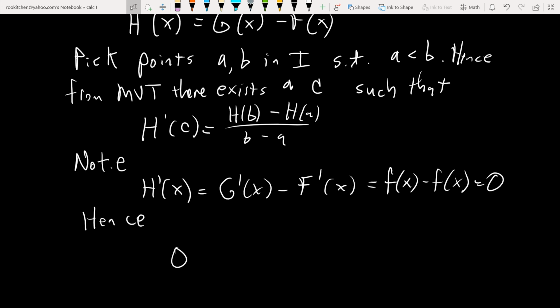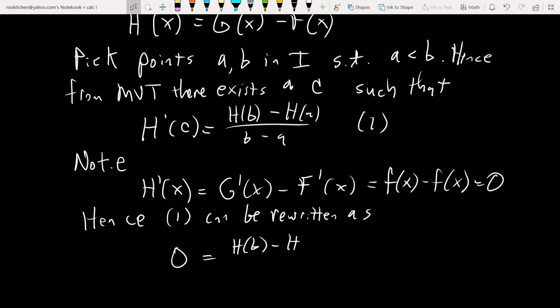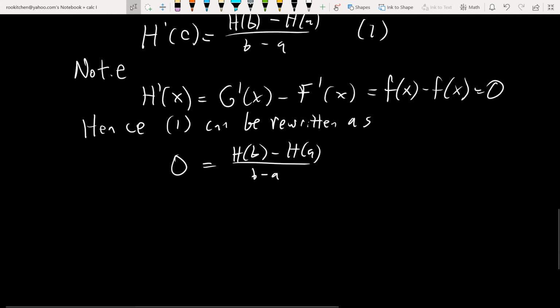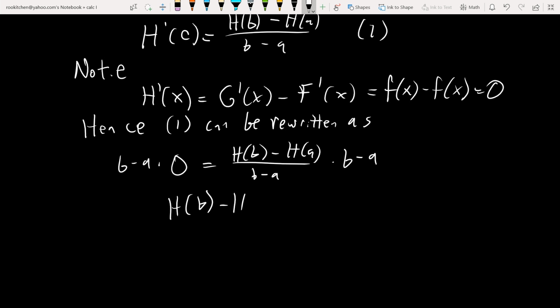So we can rewrite that expression, let's call it 1. Hence, 1 can be rewritten as 0 equals h of b minus h of a all over b minus a. And then we could solve, multiplying both sides by b minus a, and we get h of b minus h of a equaling 0.